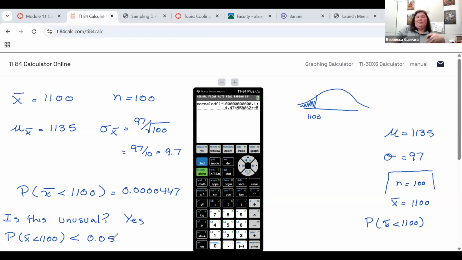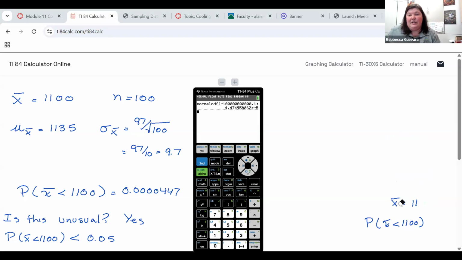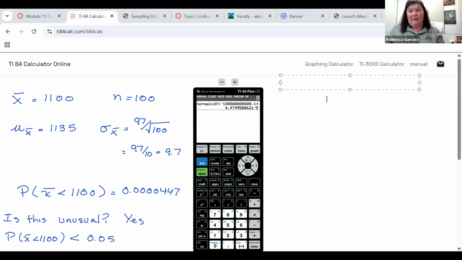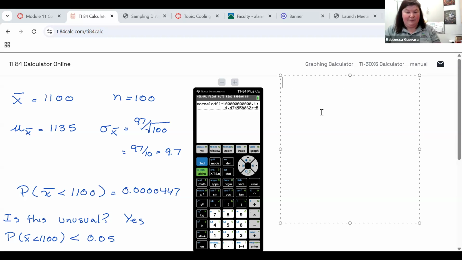Remember, 5% was that boundary where we started saying things were unusual, and this is well below that boundary. This is one of the things we frequently do with samples, because sample means have less variation in their values. They have small standard deviations.